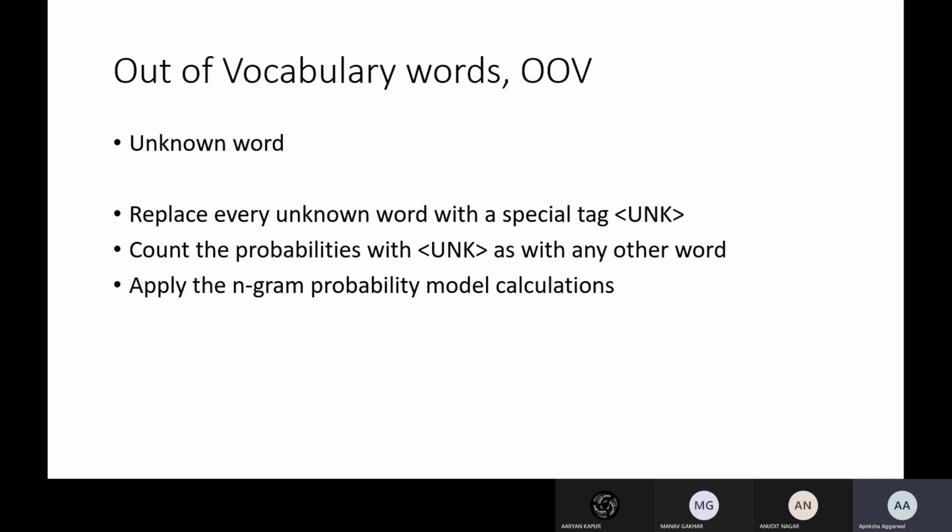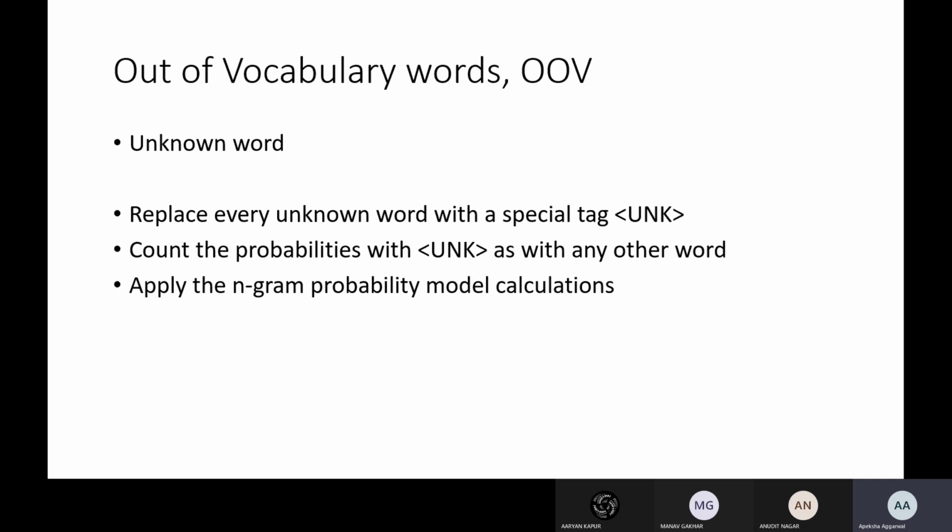We assign this unknown tag to those words, and then we proceed exactly the same way, generating probabilities and so on for this unknown tag as well. We assume the chances of a new word appearing in the testing data is very low. That is why we can also assign the unknown tag to all the very low frequency words in our corpus.